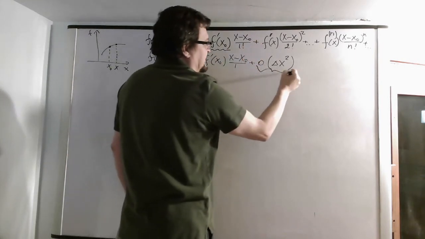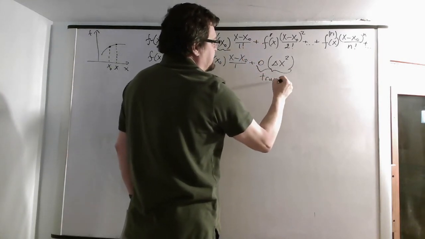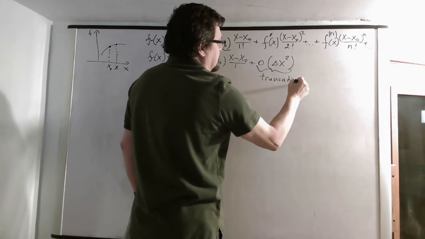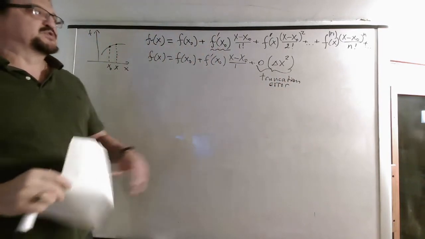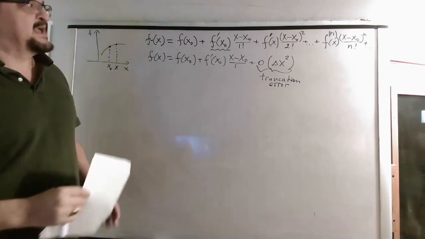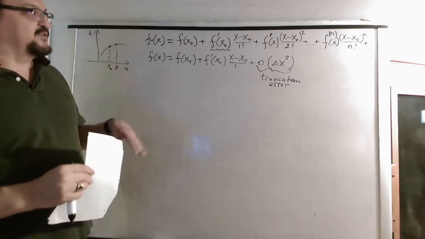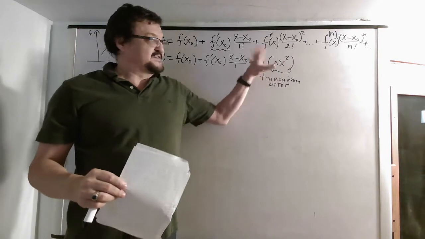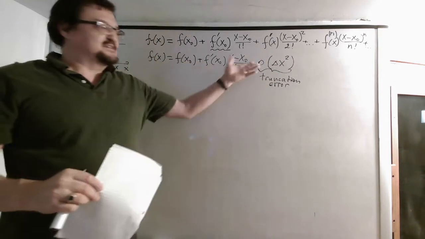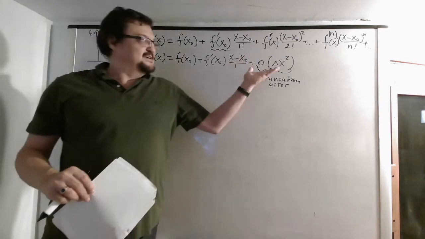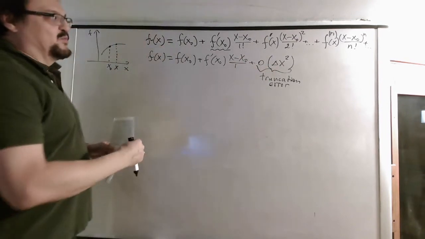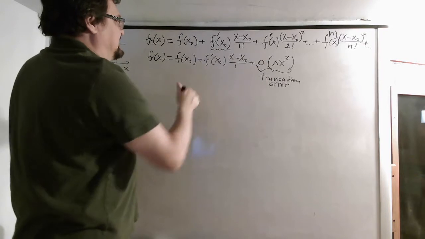This is the truncation error. We truncated our series and we produced truncation error. In calculus, of course, delta x goes to 0 and this truncation error disappears. But in our algebra world, it doesn't. It's there implicitly.